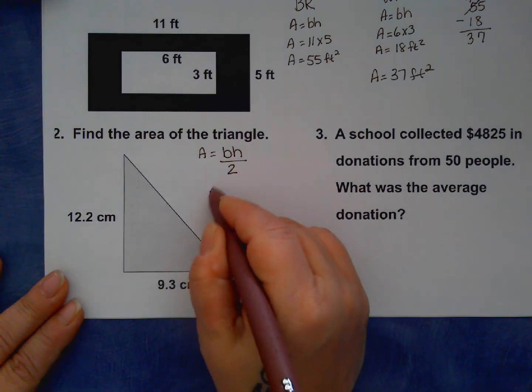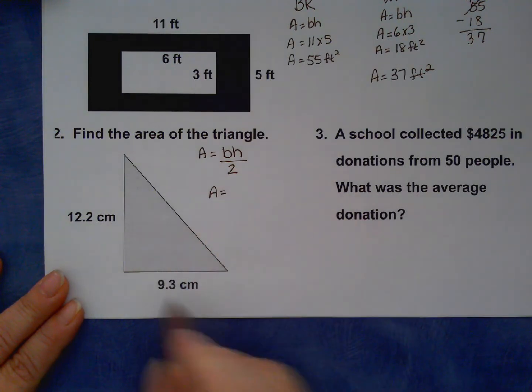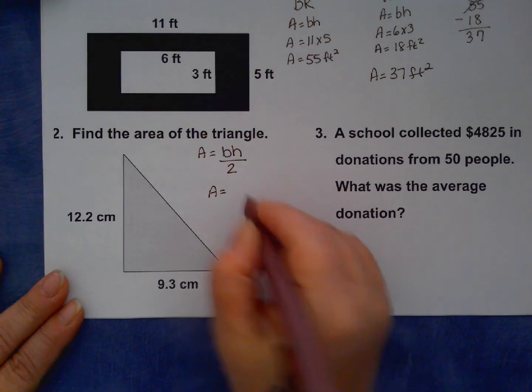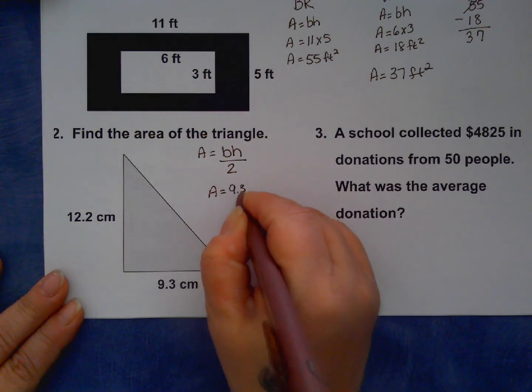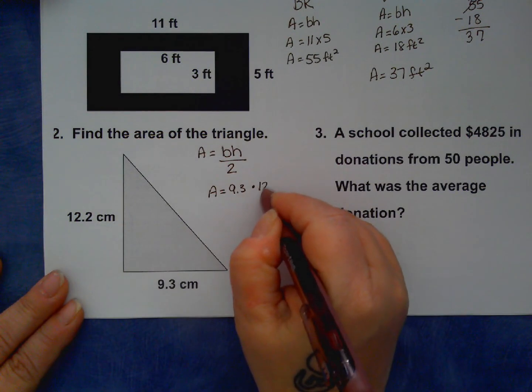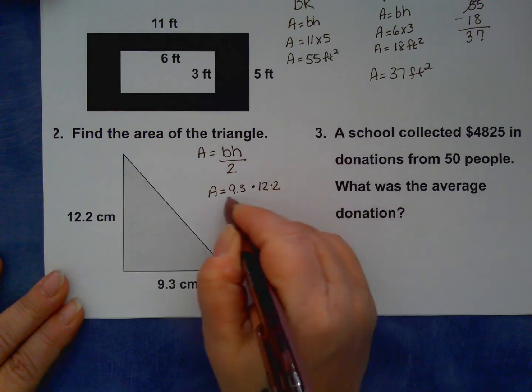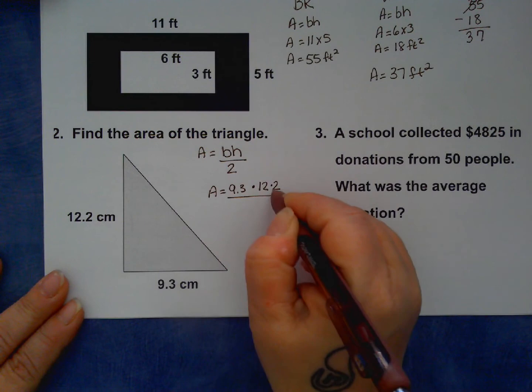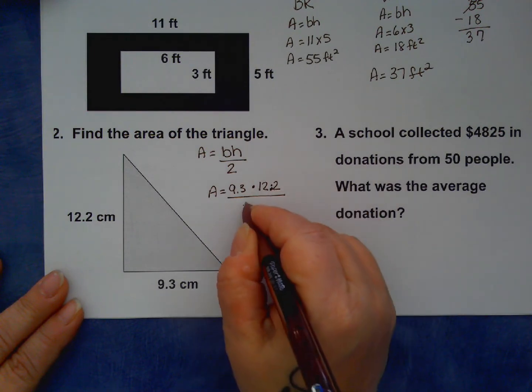Fill in your formula. Area equals, what's my base? 9.3 times 12.2. Sorry, that looks like times, but it's 0.2. Divided by 2.